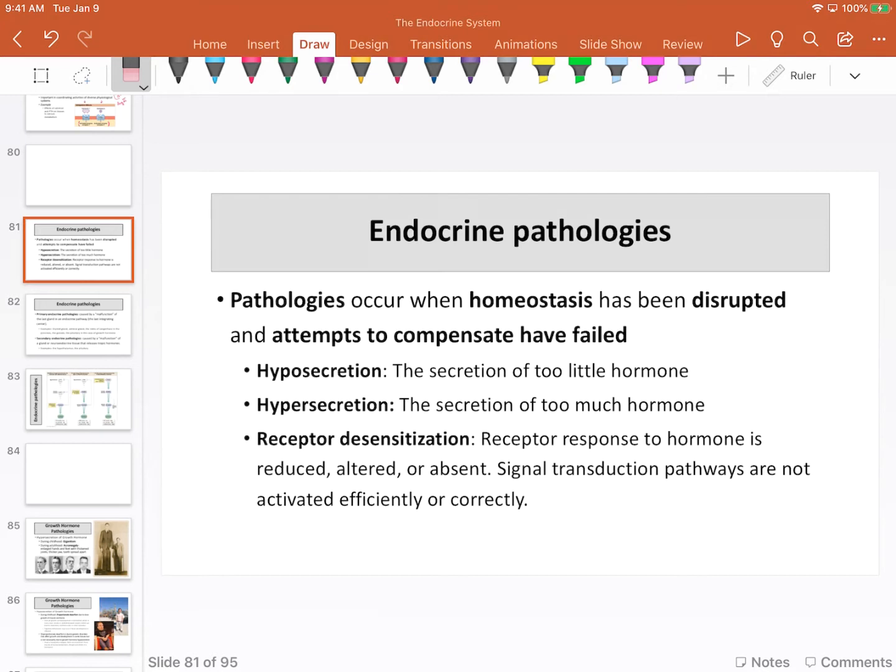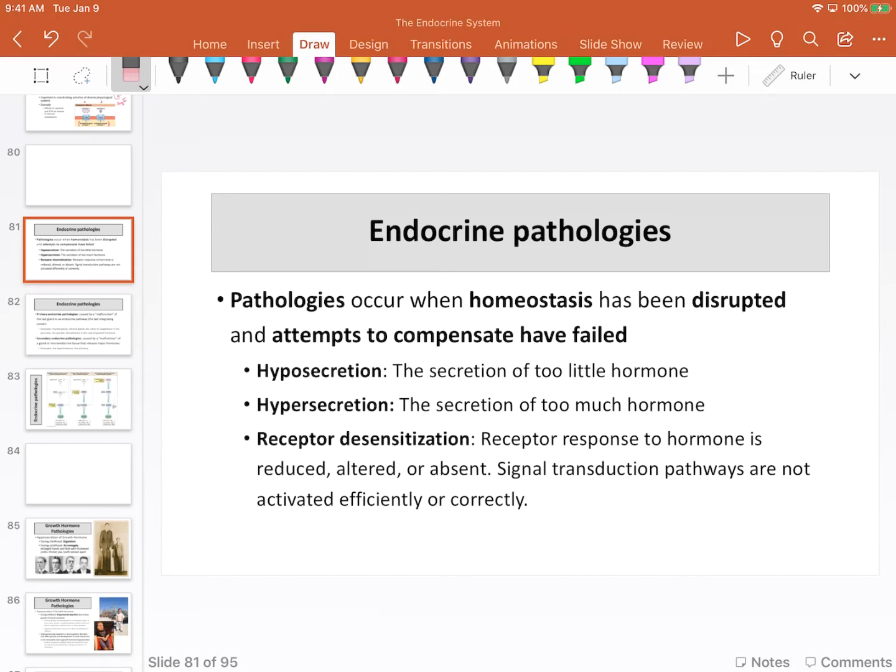And another method has to do with receptors. So remember, in each of these examples of hormones that I've given you, I've tried to really emphasize these homeostatic pathways of how a stimulus activates a receptor, which activates a cell signaling cascade, which activates the release of a hormone. And if any of those signal transduction pathways are damaged or out of whack, we can get mismanagement of that hormone release. We could get, in this case, I have listed receptor desensitization, and that simply means the receptor stops working.